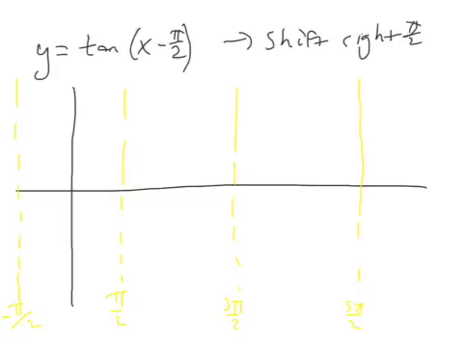But this one's going to be shifted right, so let's get a color you can actually see nicely. How about dark green. Everything shifts right pi over 2, then this is now going to be right on the y-axis.